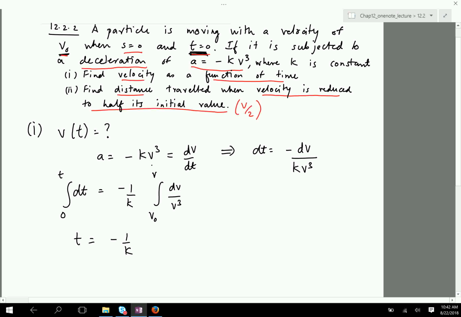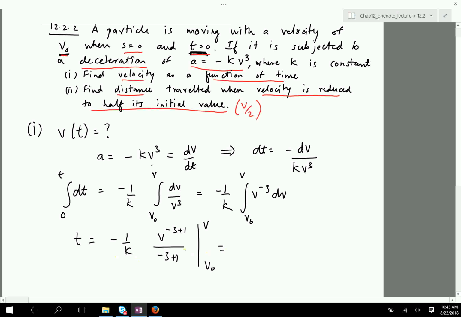The integral of 1 divided by v raised to 3 is, well, you're going to write this as, let me just write it here. I would write this as v to the minus 3 dv. Okay, and the integral of v raised to minus 3 is v raised to minus 3 plus 1 divided by minus 3 plus 1. That's the formula for integral of v raised to n. It will be v raised to n plus 1 divided by n plus 1. The limits are v and v0.